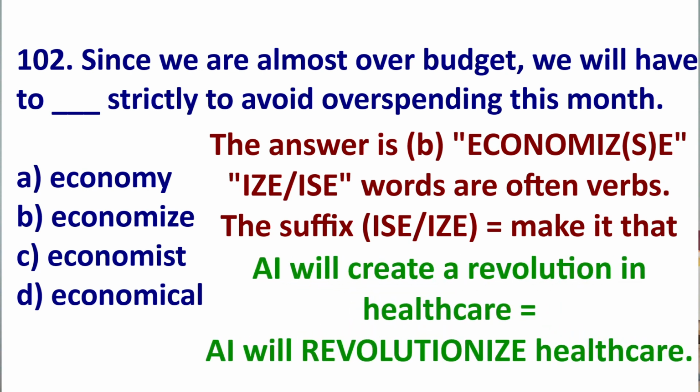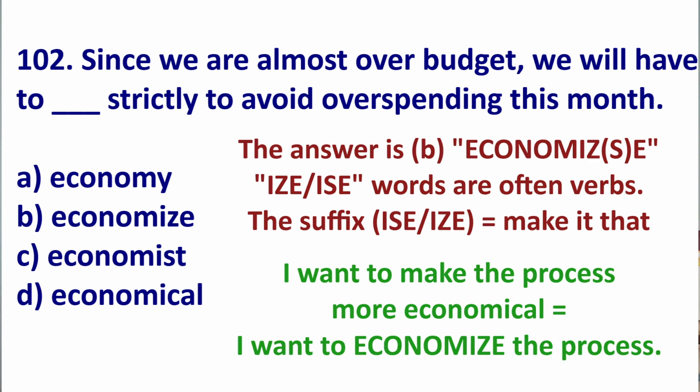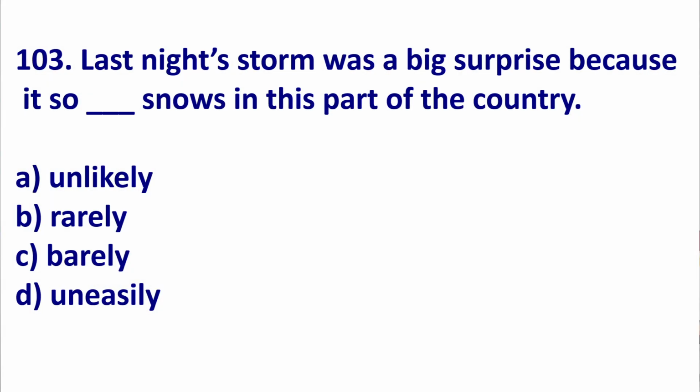Or AI will create or make or cause a revolution in healthcare. AI will revolutionize healthcare. Finally, I want to make the process more economical, so money saving. I want to economize the process. Therefore, the answer is B. Let's go to 103.